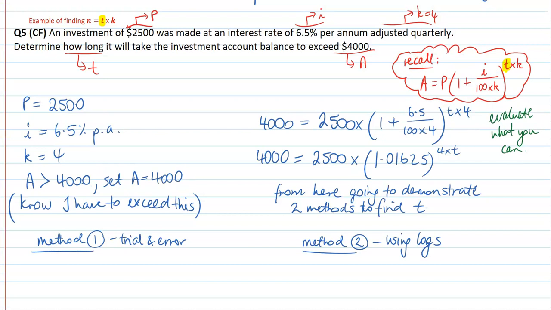There are two common methods you could use to find t. Now, the Maths General syllabus promotes a trial and error method, and that's the only method you need to be able to use to find the t value.